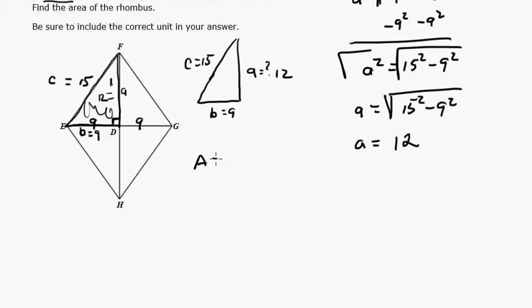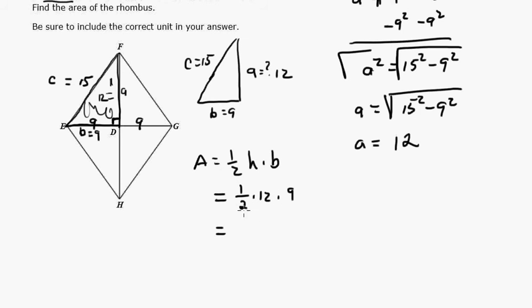The area equals 1/2 the base times the height. So the height is 12, so 1/2, oops, I'm going too fast. 1/2 times 12 times 9.